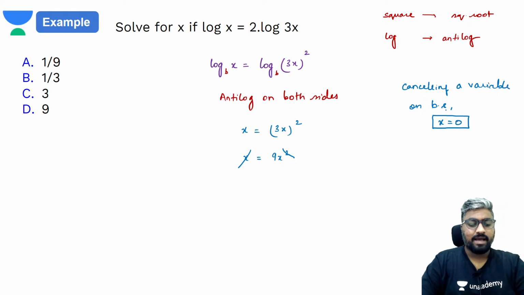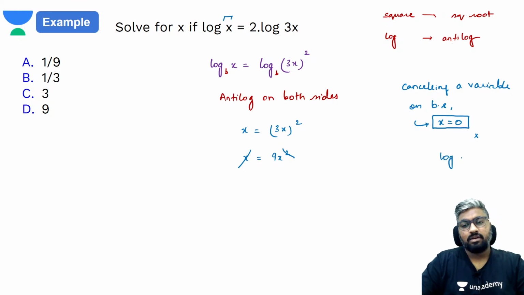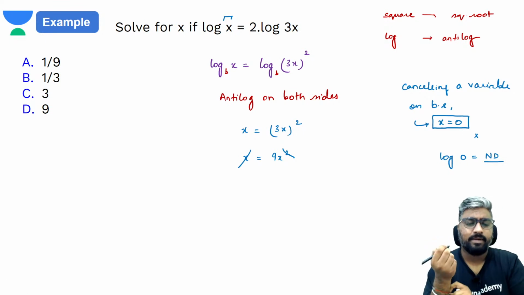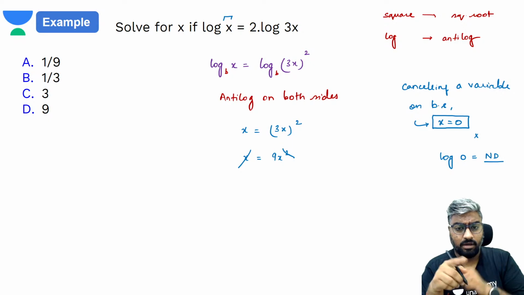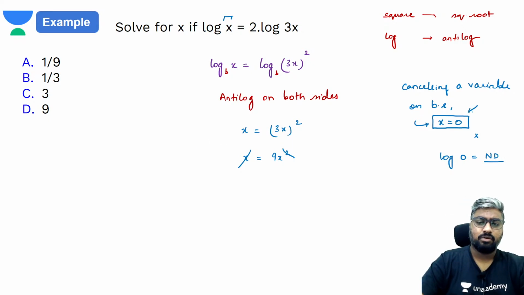There could be other values that will satisfy, but x can be equal to 0. Although here in this case x equal to 0 wouldn't matter, because x is taken log of, and you know log of 0 of any base is not defined. So we don't have to worry about the 0 here, but normally if you have quadratic equations or any equation, and you are cancelling a variable, you must consider that the variable could be equal to 0.